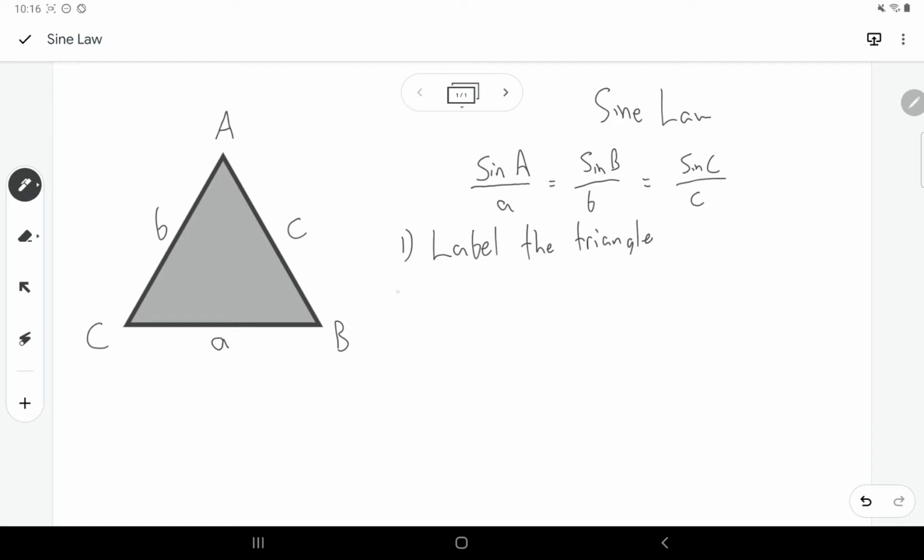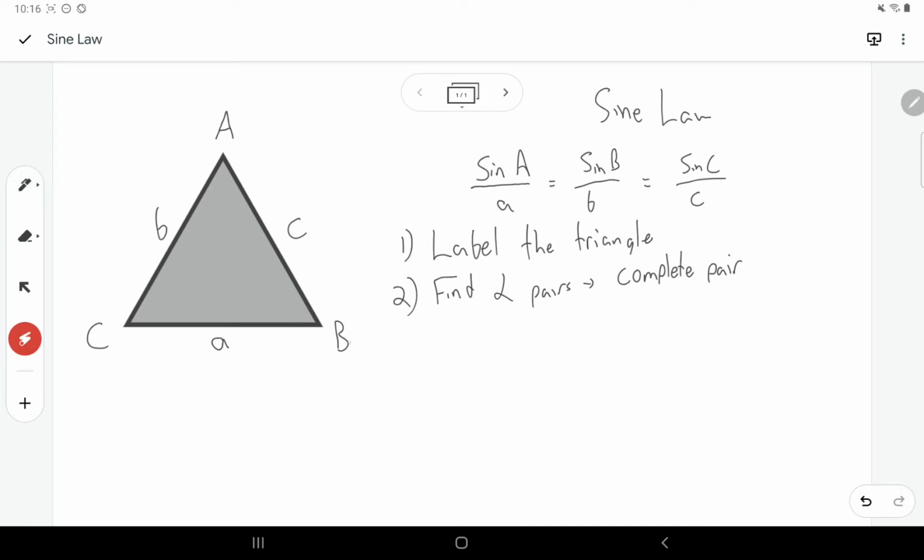Okay, the second step is to find our two pairs. Specifically, we're looking for a complete pair, which means that you have both values.